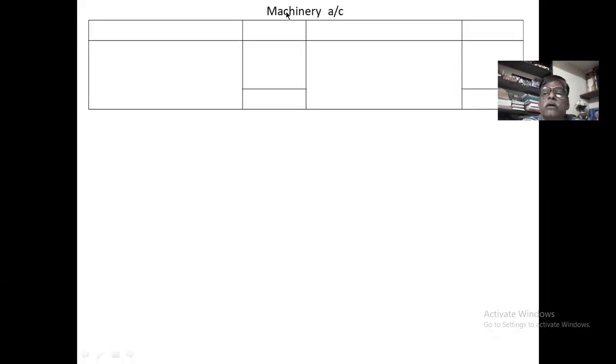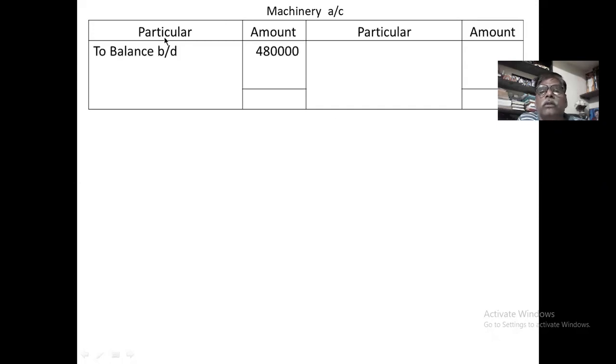I recorded a machinery account. You write it fixed asset account. Particular amount to balance brought down. You take the original amount 4,80,000. By balance carried down 5,20,000. Okay. Then you write the required things.